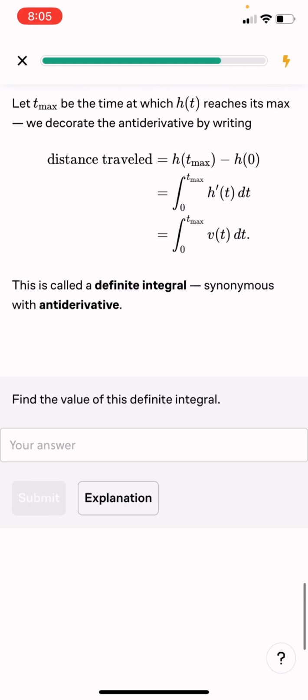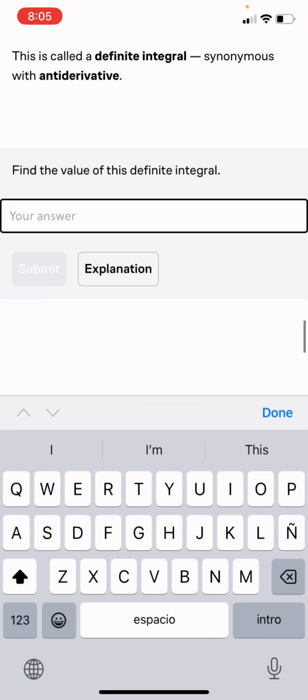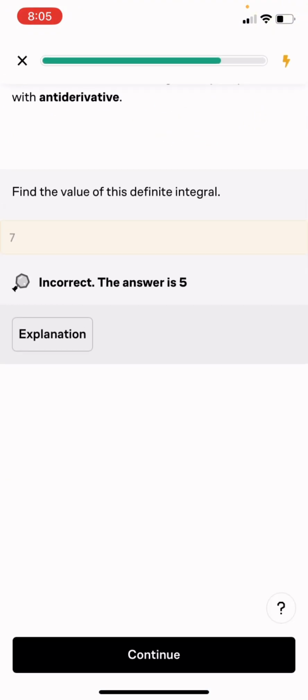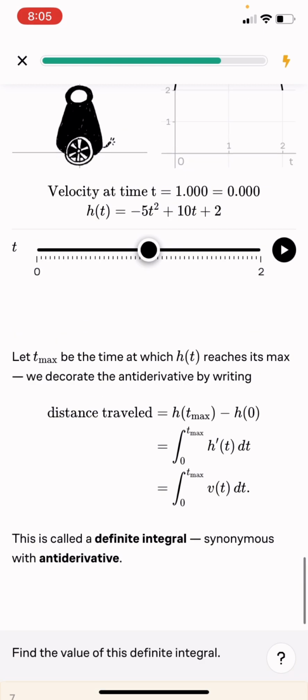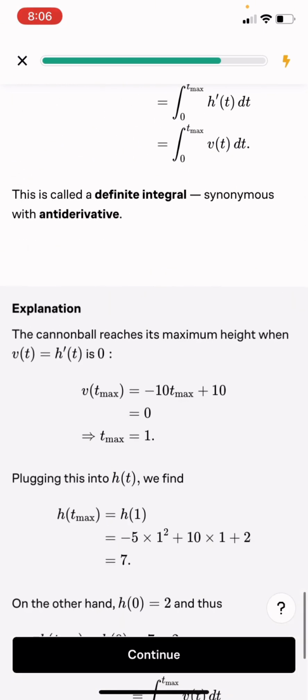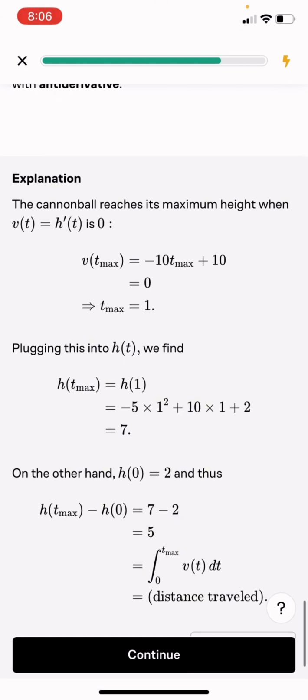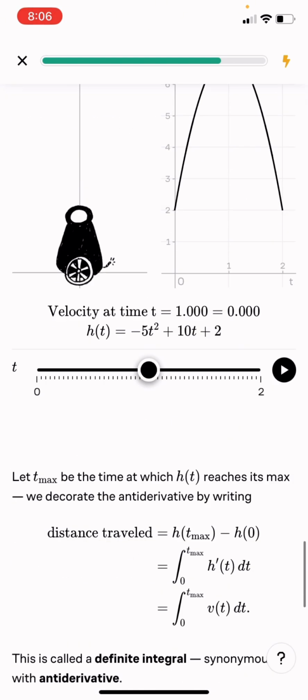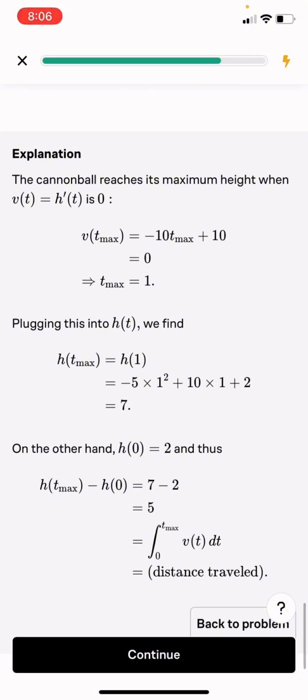So its max is... would it just be 7? Minus h(0).